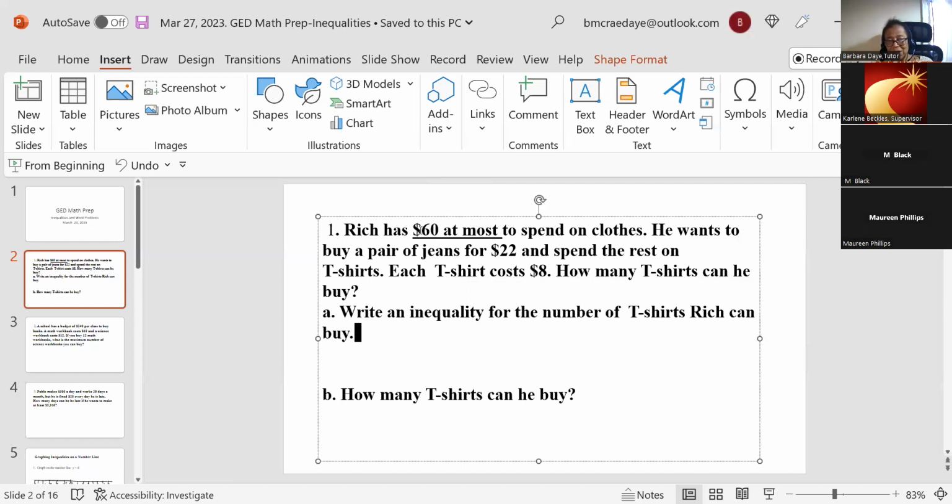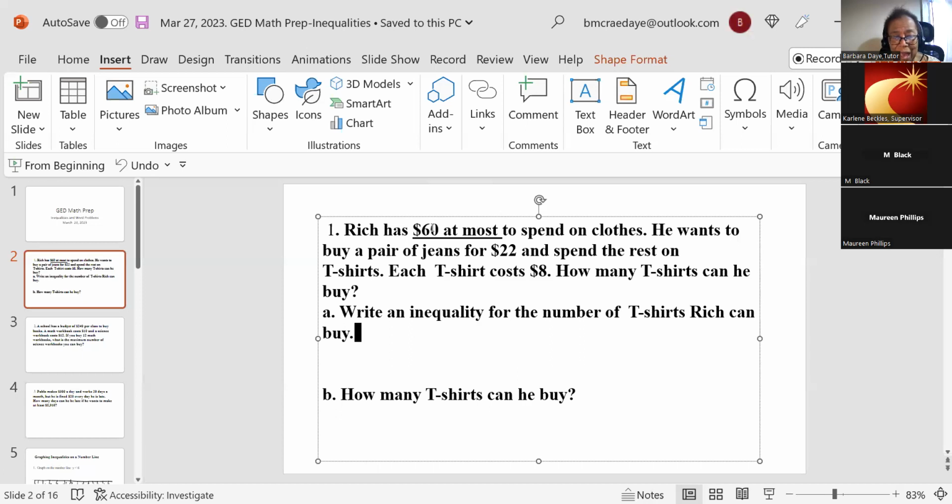So you can't say greater than. He can't spend more than what he has. Do you get it now? So that has to be less than or equal. The spending must be less than or equal to that $60. See, I'm trying to show you how you derive the inequality from the verbal.